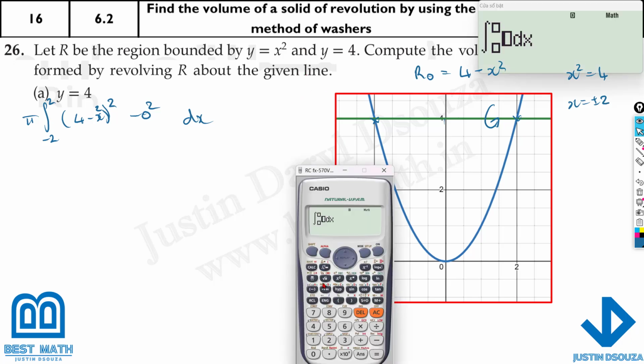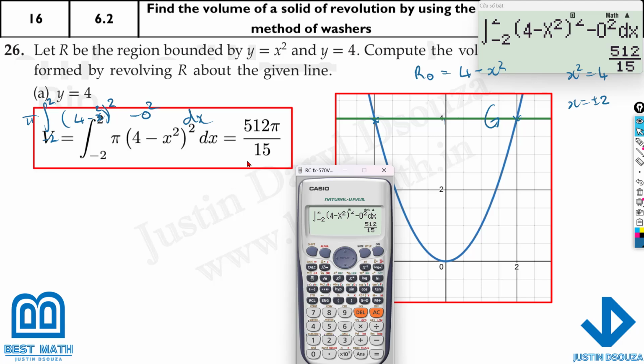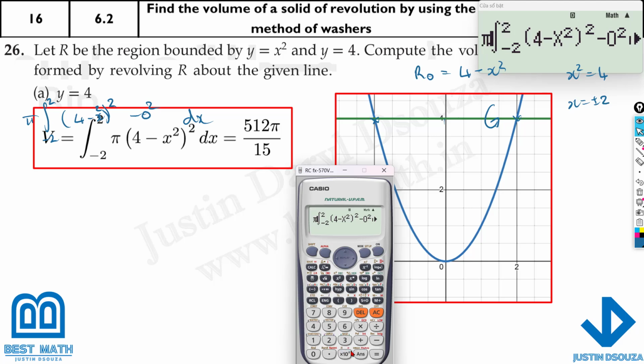Here it is the integral of 4 minus x squared, close the bracket and square it up. I hope that's clear. It's x squared and then another square outside. Over here the upper limit is 2, lower limit is minus 2, so the answer is 512 pi by 15, because you have to multiply by pi as well.